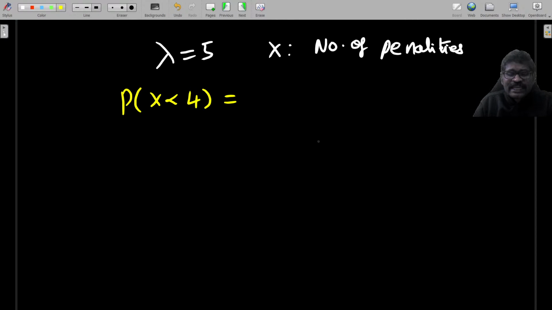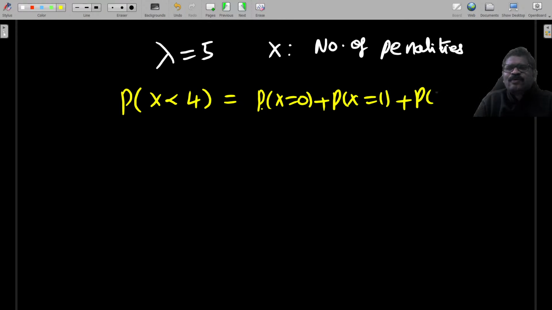So x less than 4 is nothing but probability of x equal to 0, 1, 2, 3, because less than 4 penalties in a day. In Poisson distribution, probability of x is e power minus lambda into lambda power x by x factorial.